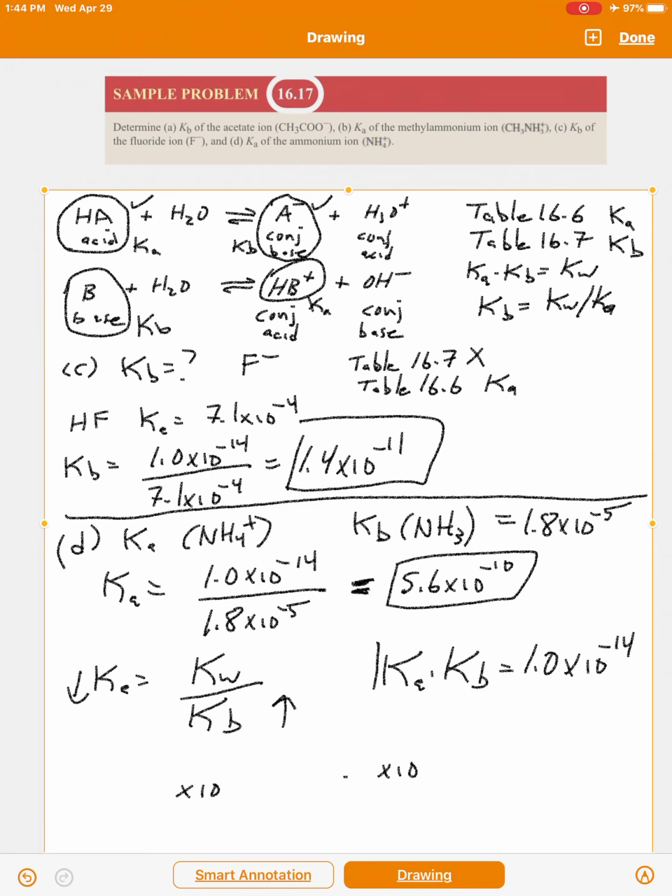So if this one's bigger, this one's going to be smaller because the two of them multiplied together have to equal this number. So the stronger the acid is, the weaker the conjugate base is going to be, the smaller the Kb. The stronger the base is, the larger the Kb, the weaker the conjugate acid is going to be, which is a smaller Ka.